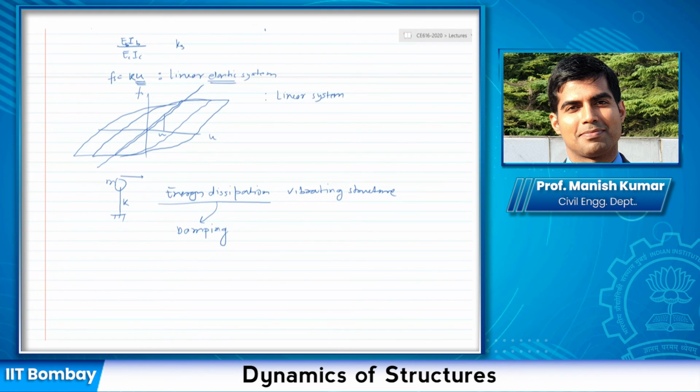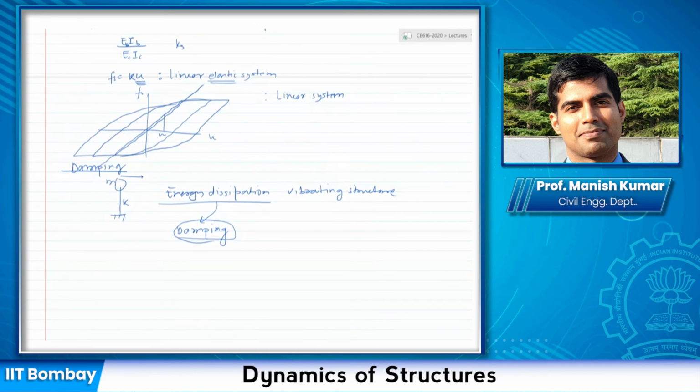So the second component that we are going to study of a dynamic system is damping. We saw stiffness. Now let us talk about damping. Any vibrating structure would dissipate energy over time and come to rest after some time due to a process called damping, which arises due to energy dissipation in that structure.